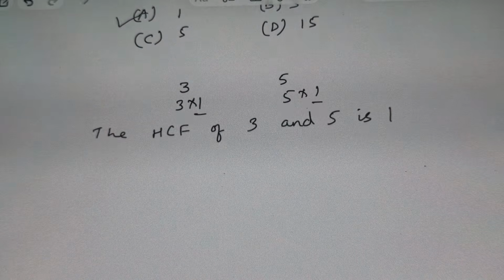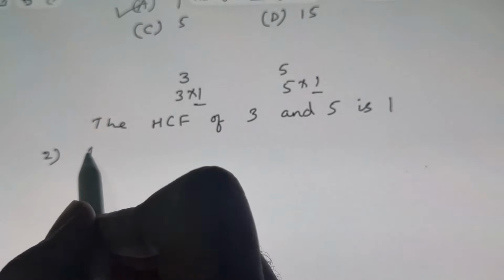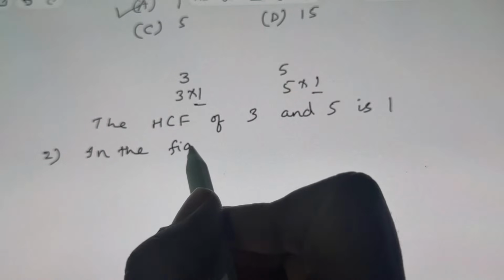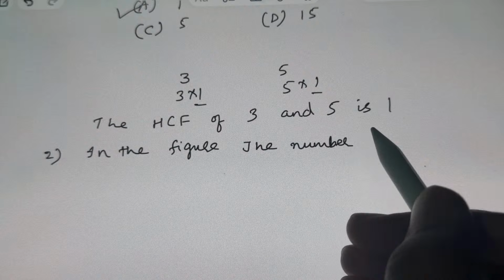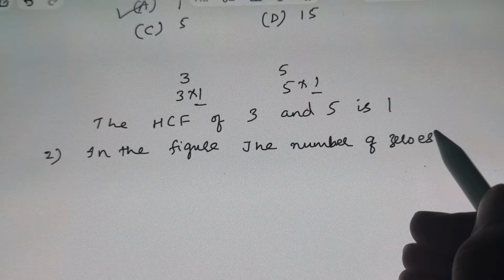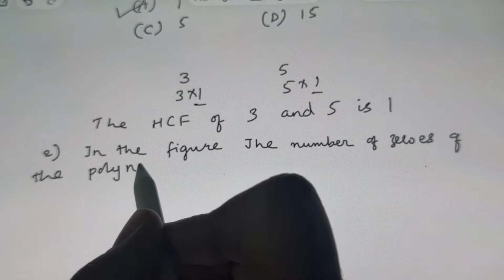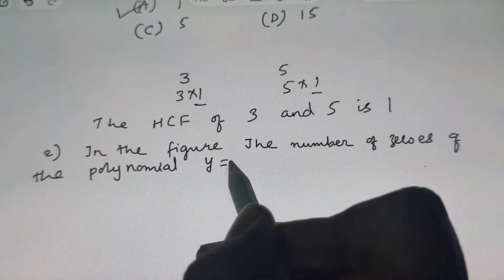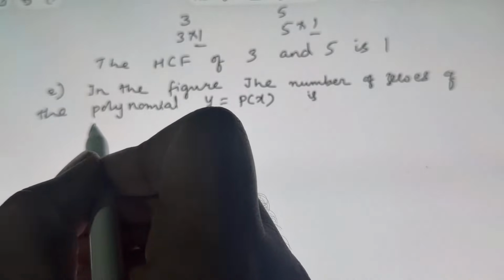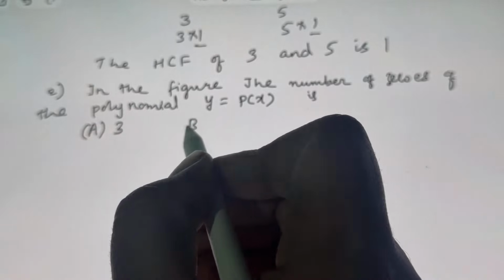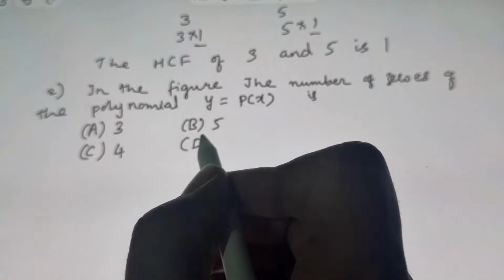Let's go for the second one. In the figure, the number of zeros of the polynomial y is equal to p of x is A 3, B 5, C 4, D 1.